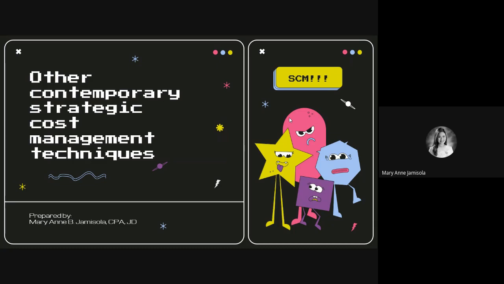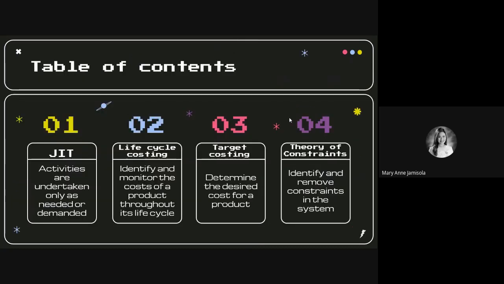So, what are these techniques? We have JIT or just in time, we have life cycle costing, target costing, and theory of constraints. So, let's describe each of these one by one. JIT or just in time is the philosophy that activities are undertaken only as needed or demanded.